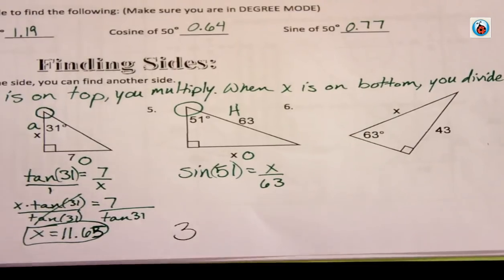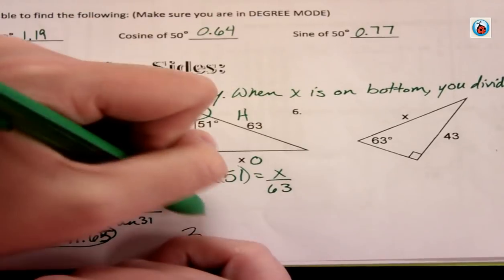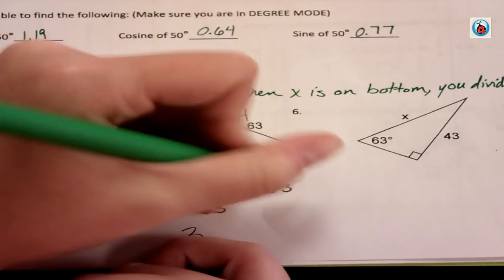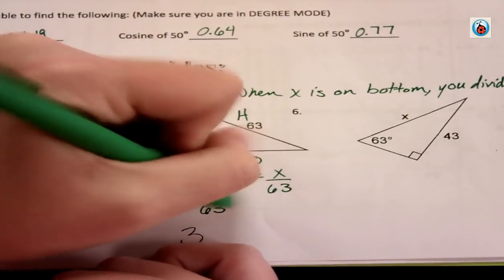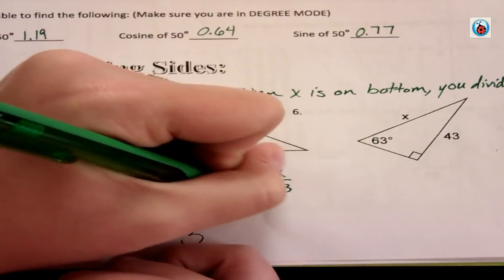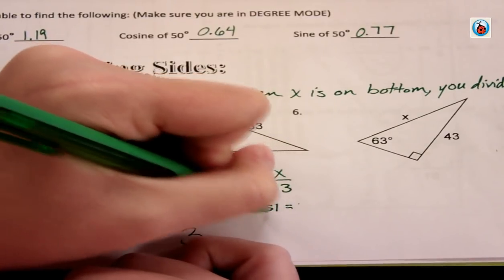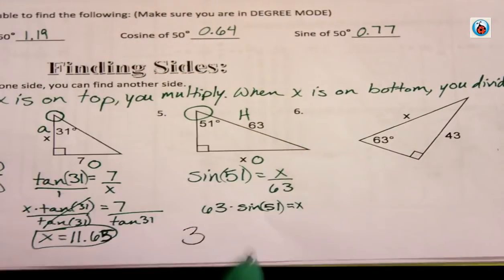Now we look back at what we wrote. When x is on top, you multiply. When x is on bottom, you divide. X is on top, so we're going to multiply: 63 times sine 51. That's what x is going to equal.